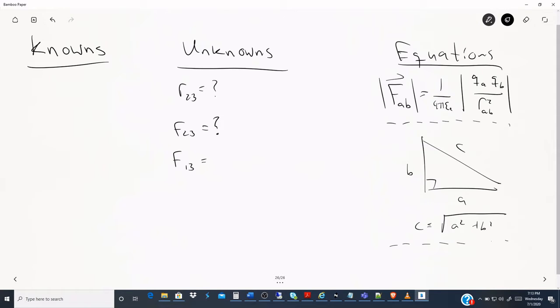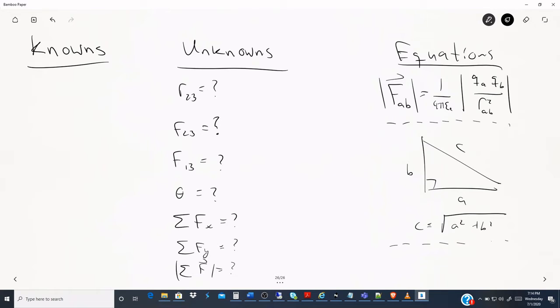Force that 1 exerts on 3 is unknown. Theta is unknown. And neither do I know the sum of the forces in the x direction, the sum of the forces in the y direction, the magnitude of the sum of the forces, and I don't know the angle of the sum of the forces either, but I don't want to fit that in here, so I'm going to just leave it out.